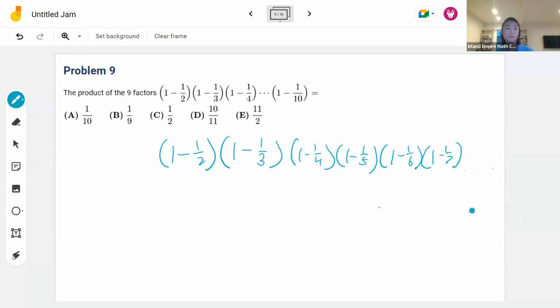I don't have enough space here, but hopefully we can see what the pattern is. And we're looking for the product of all these. So first of all, we would evaluate what's inside the parentheses, right? So going down the line, that gives us 1/2 times 2/3 times 3/4 times 4/5, and so on. And we're going to go all the way until we reach 9/10.